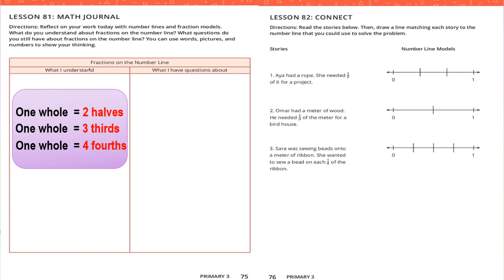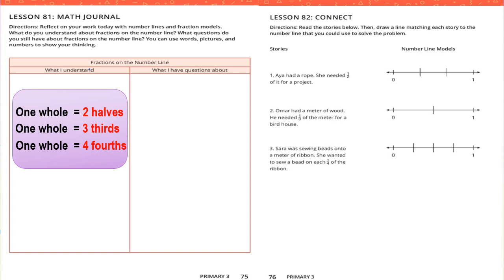The first step here, our fraction is 1/2. Look at the denominator. The denominator here is 2. So it means 2 equal parts on the number line.